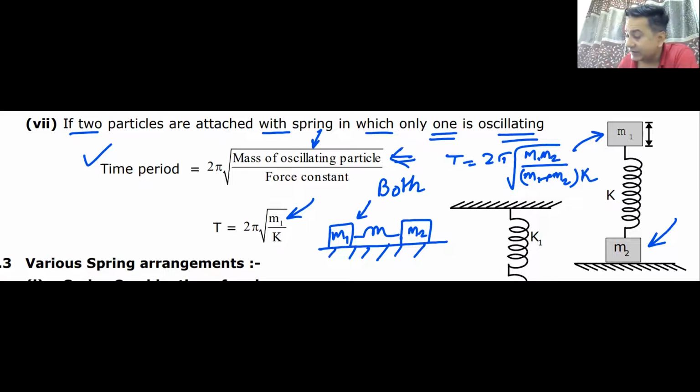So basically in this case, your mass m gets replaced by m1 m2 divided by m1 plus m2. So if both are oscillating, you put m1 m2 upon m1 plus m2. If only one is oscillating, you just put the mass of the oscillating body. Do we understand this? Yes, sir. I'll give you a minute to note it down.